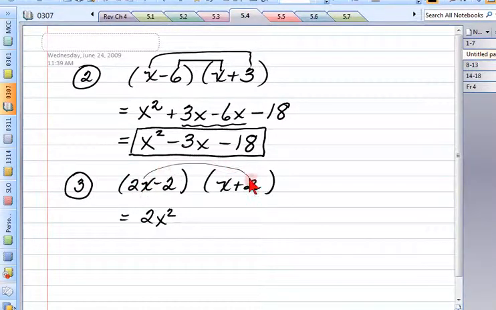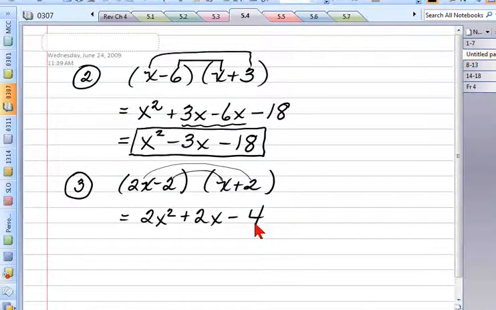Now, although I'm not going to write it down, hold it in your head, 4x. What's the inner product? Negative 2x. What's positive 4 and negative 2? I think it's positive 2x, because the big one was the positive. Then what's the product of the last? Negative 4. Done.